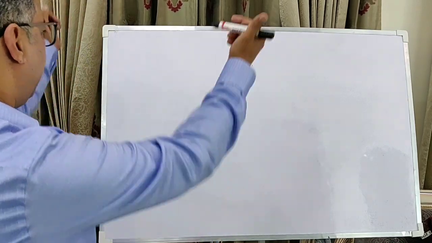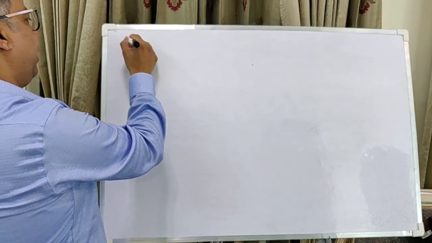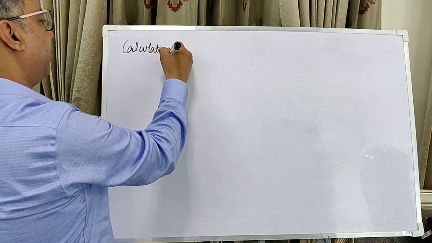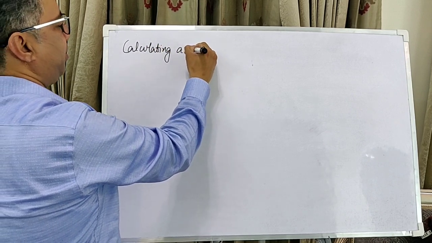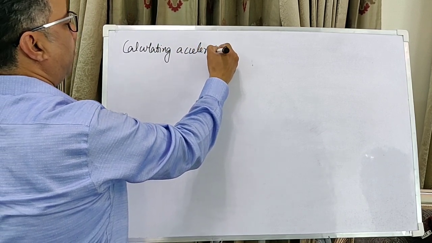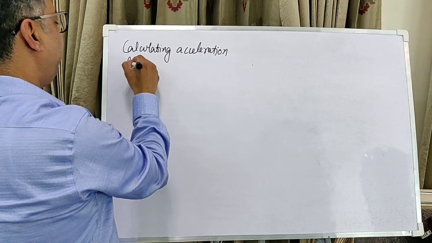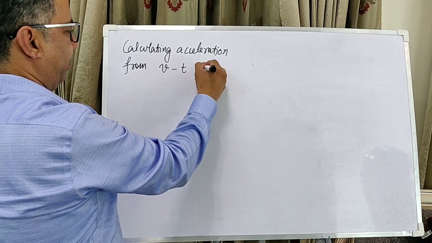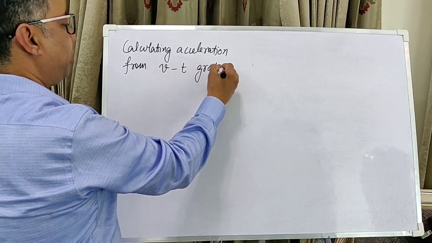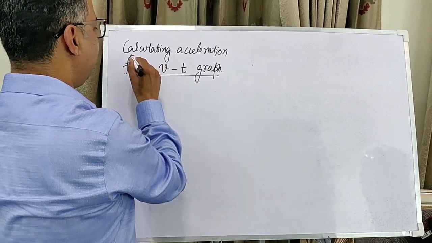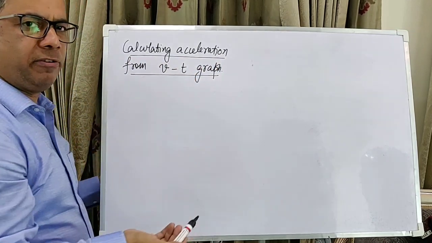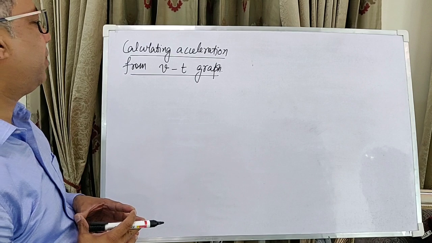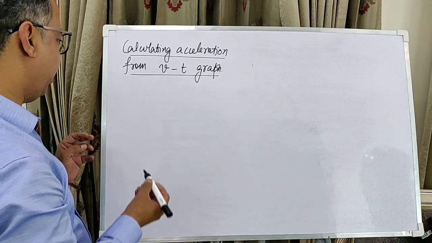So, calculating acceleration from VT graph. We just learned how to calculate acceleration when VT relation was given. Now we are going to learn how to calculate acceleration once the VT graph is given.